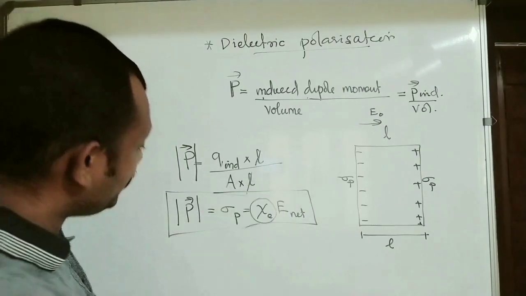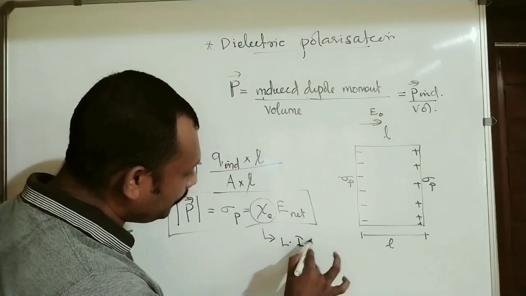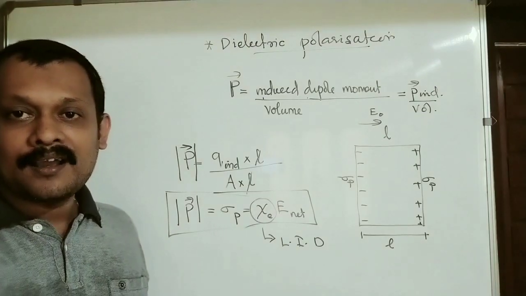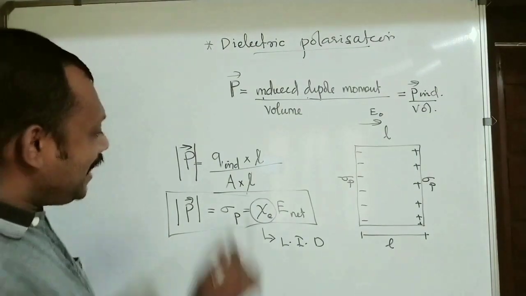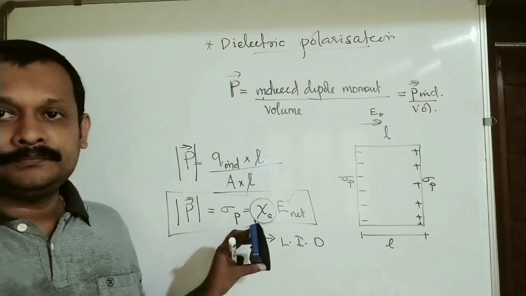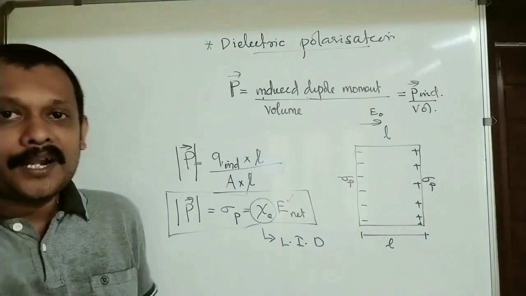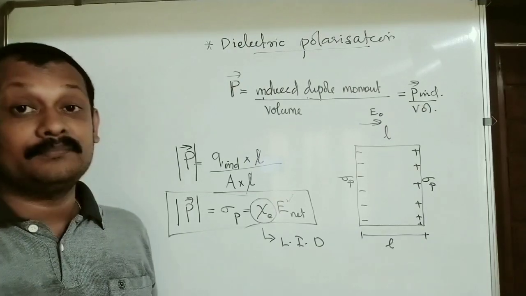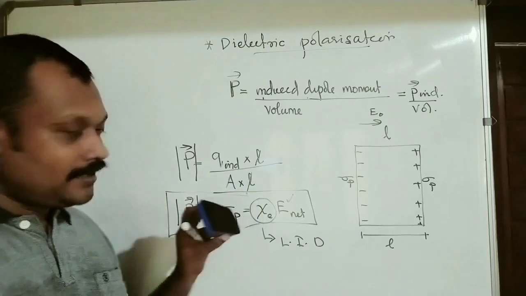This is the relation you have to understand for a linear isotropic dielectric. I will prove this relation in the very next class. The derivation is not important as far as the board examination is concerned, but it is given in our NCERT textbook in a blue column, that is electric displacement. That will be discussed in the next class.